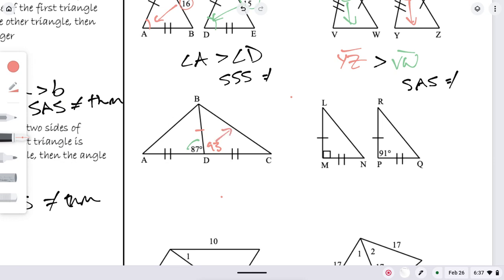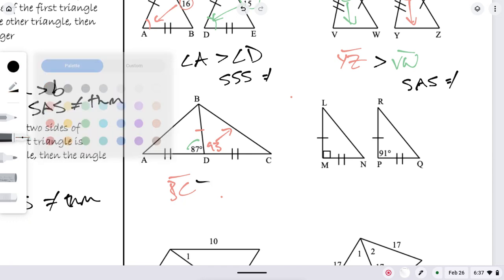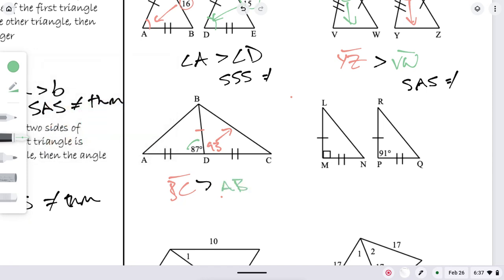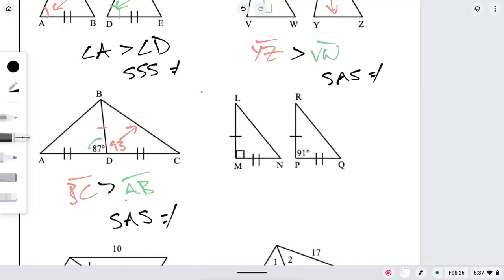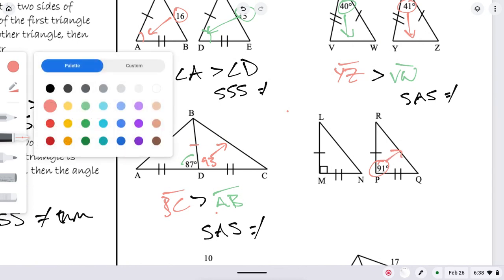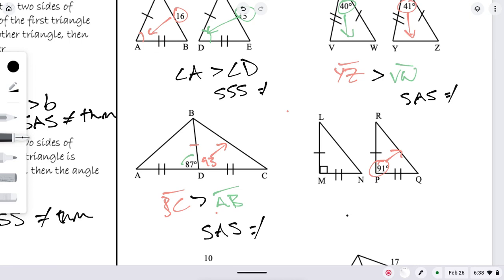So that means that I know that this side BC is bigger than side AB. And again, since I had angles first, this is going to be side angle side inequality. This other one is kind of the same thing. I just pick out the bigger angle. 91 is bigger than 90. So in this situation, RQ would have to be bigger than LN, and it's going to be my side angle side inequality.